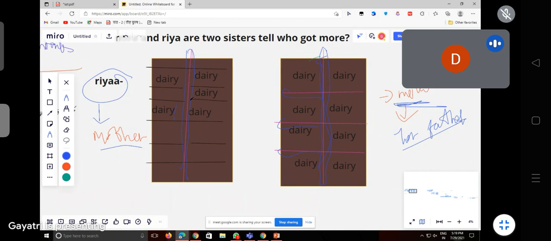So basically the father of Meera and Riya will get the same amount of chocolate, because we all can see here that the dividers are more, but we are giving this whole part now. So the whole part doesn't count these dividers.